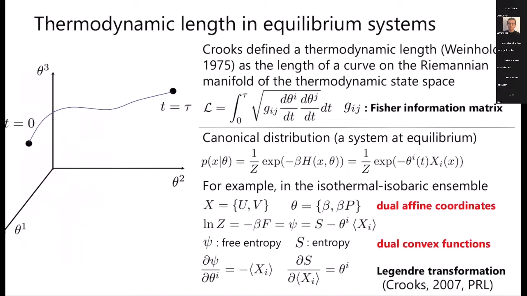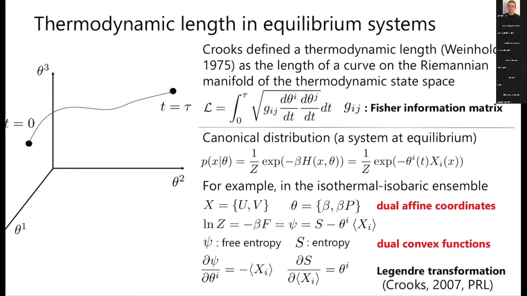So Crooks defined the so-called thermodynamic length, which originated in this Weinhold paper, as the length of a curve on the Riemannian manifold of the thermodynamic space, like some trajectory from t equals 0 to t equals tau.